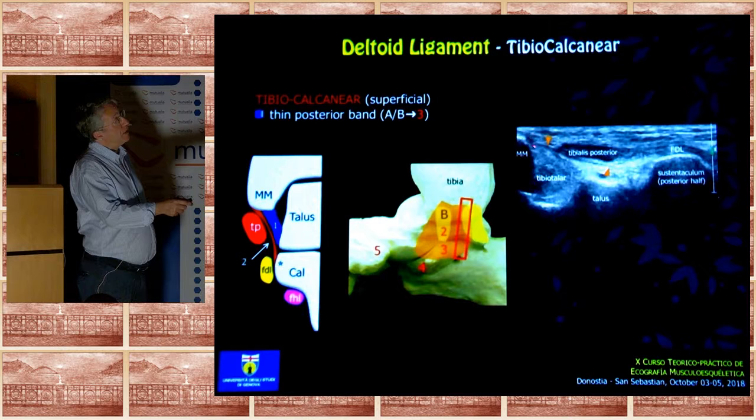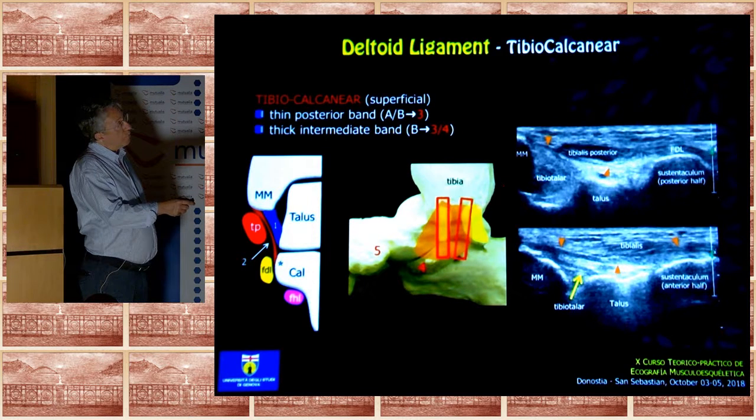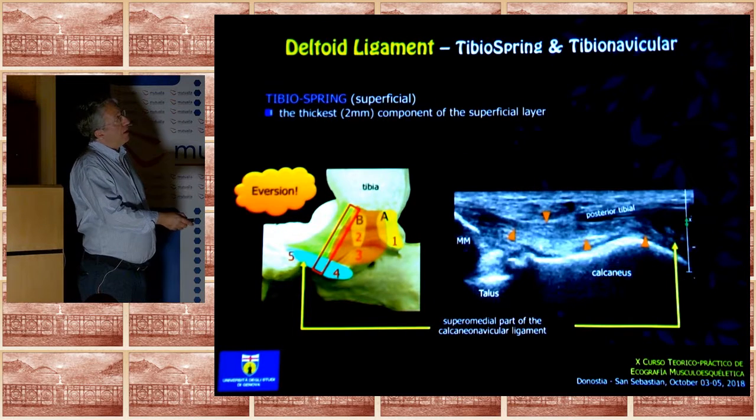This is the beginning of the tibiocalcaneal. Then it becomes thicker and thicker, going more anteriorly. Remember to move the probe this way, even the top of the probe, because if you want a good depiction of this component of the deltoid, the probe needs to be really more anterior.